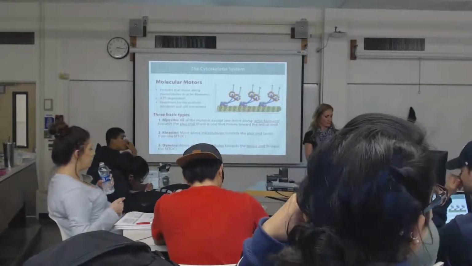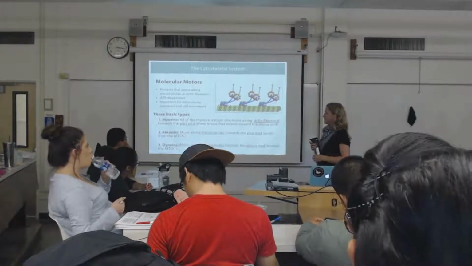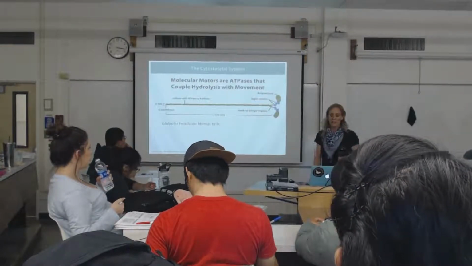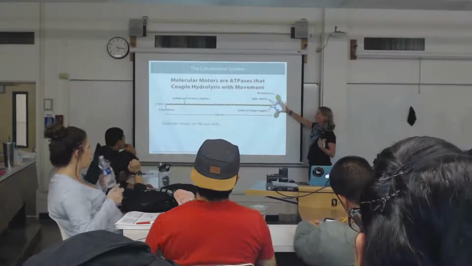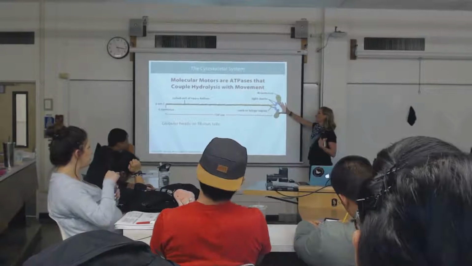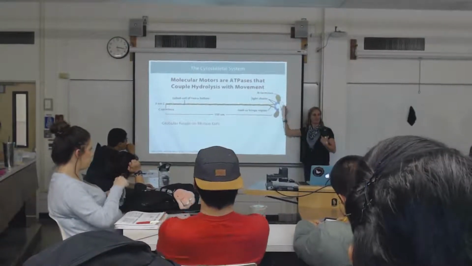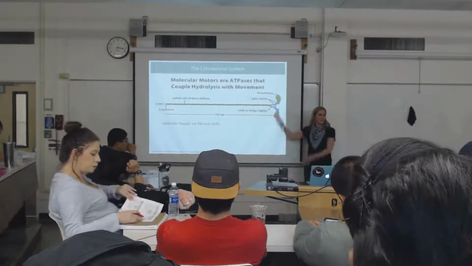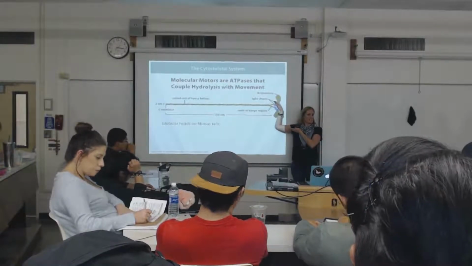Which is the head and which is the tail? Oh yeah, that's kind of a crap picture. Here, let's go here. The globular heads, I think of them as the feet that are walking, right? The globular regions are the part that attach to the cytoskeletal filament.